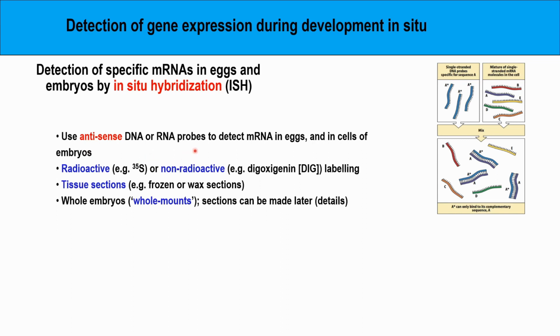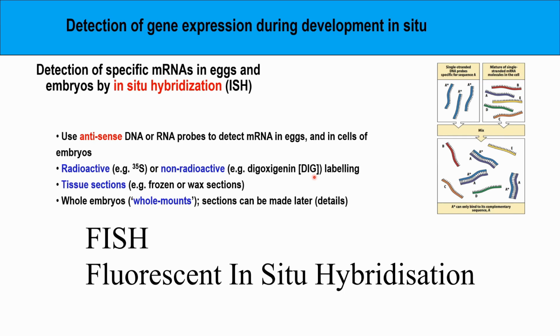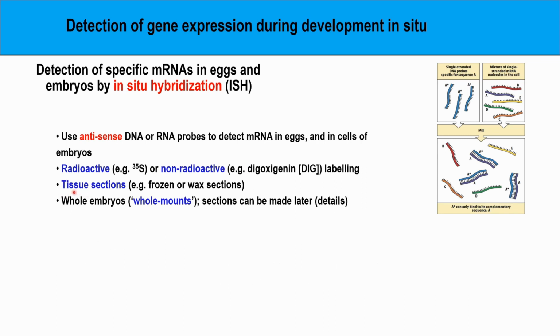But nowadays, we have non-radioactive approaches, including digoxigenin or DIG labeling, which typically gives us the development of a blue color. But we also now, of course, have fluorescently tagged mRNA probes. This approach, in the old days, started with tissue sections, which were either frozen or wax sections, and later developed to looking at whole mount embryos.